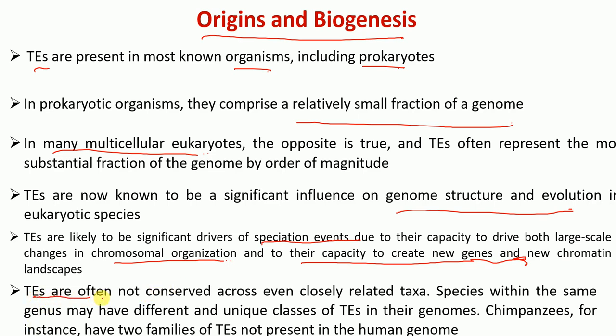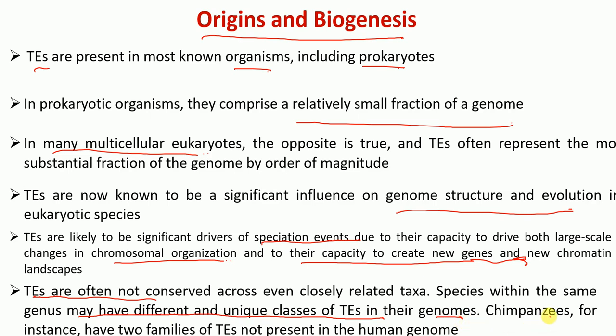Transposable elements are often not conserved across even closely related taxa. Unlike genes, they are not conserved. Species within the same genus may have different and unique classes of transposable elements in their genomes.